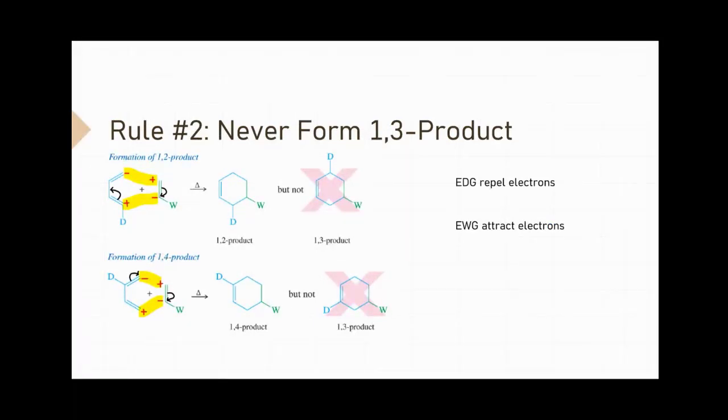Right. The second rule is you never form the 1,3 product. 1,3 product means when you count, you're counting from the substituents of each molecule. So here, in this case, this would be 1, this would be 2, and this would be 3.